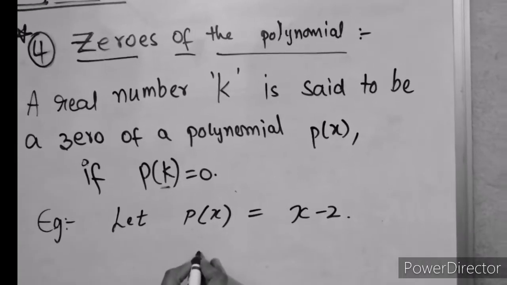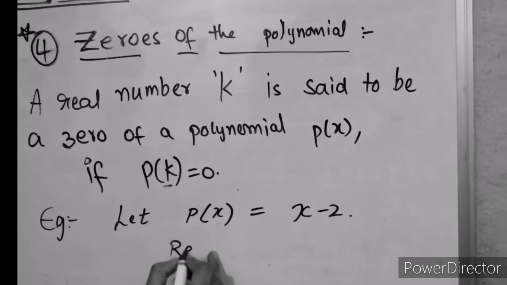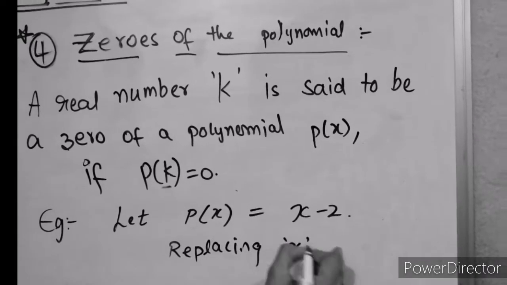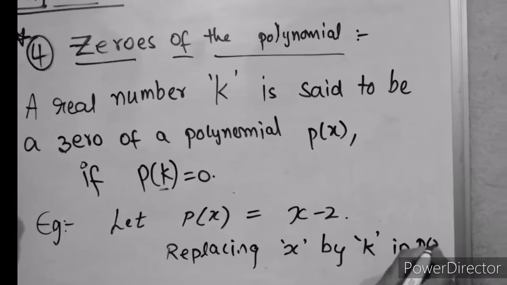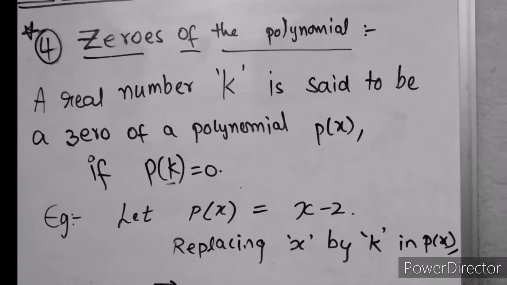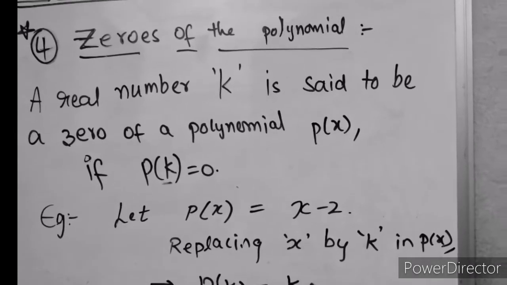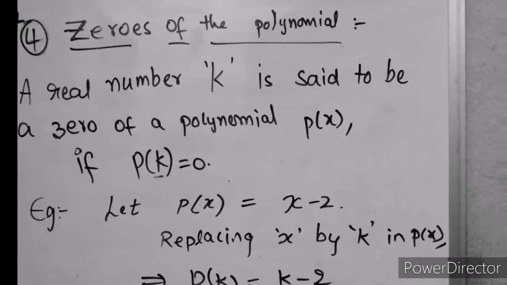Now I am going to replace x by k in p of x. That implies p of k is equal to k minus 2. Now this is the new equation.